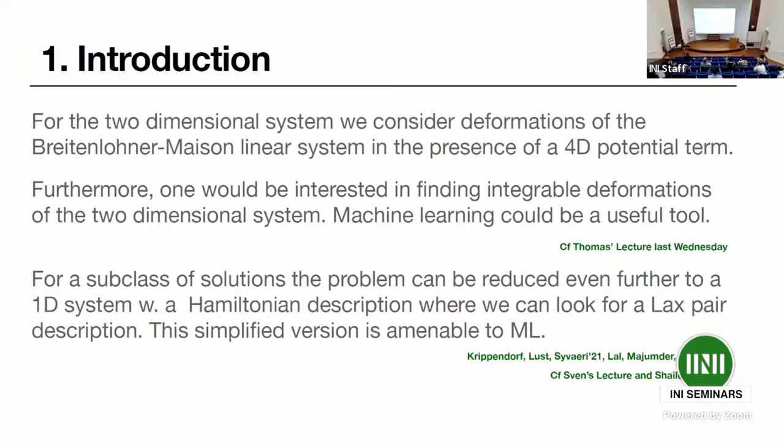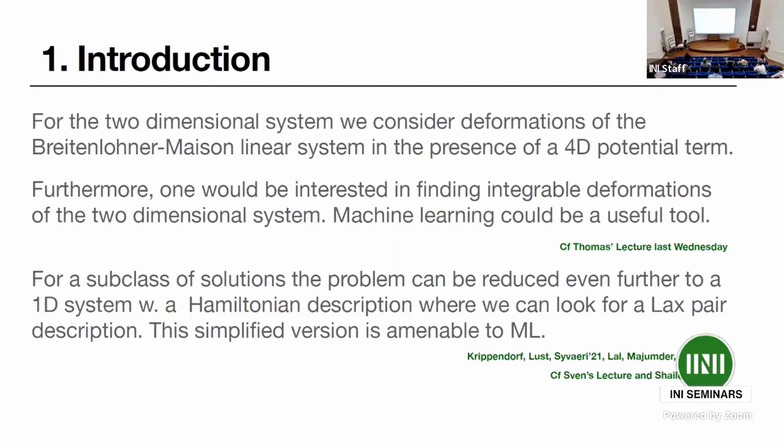So for the 2-dimensional system, as I mentioned, we are going to consider the deformations of the BM linear system in the presence of a 4-dimensional potential. And of course, now there's an entire program that has to be developed in terms of looking for solutions. In Thomas' talk, he highlighted the importance of maybe looking for machine learning techniques that could help in this endeavor.